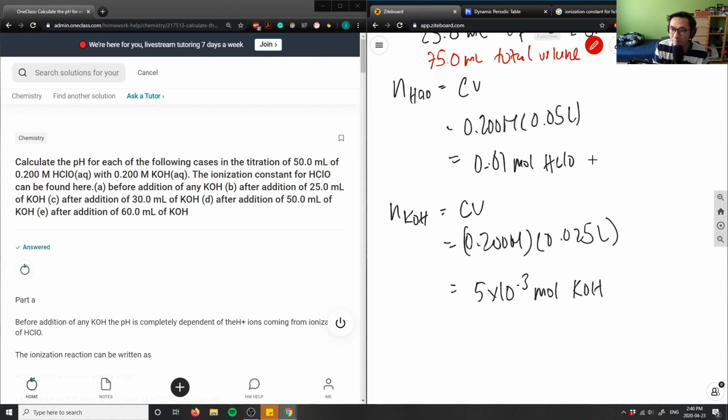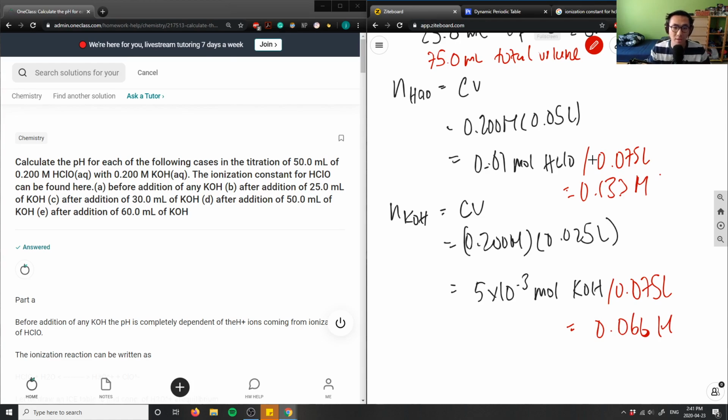I'm going to divide both of these by 0.075 liters. 0.01 divided by 0.075 gives 0.0133 molarity of HClO, and 5 times 10 to the negative 3 divided by 0.075 gives 0.066 molarity.